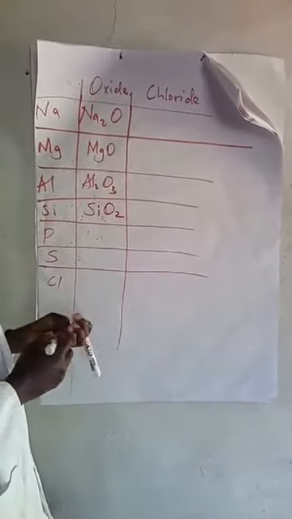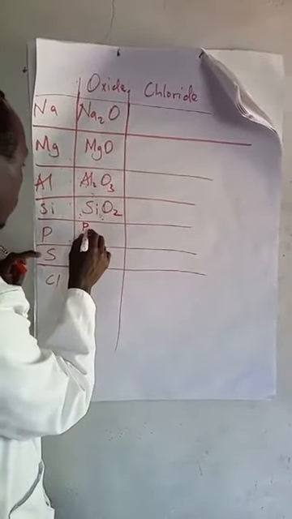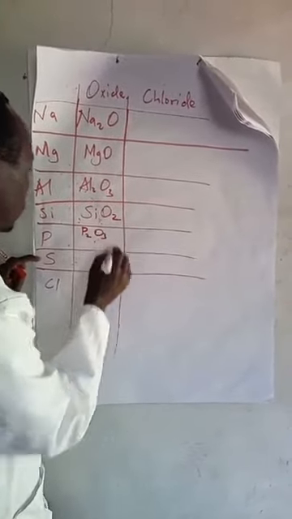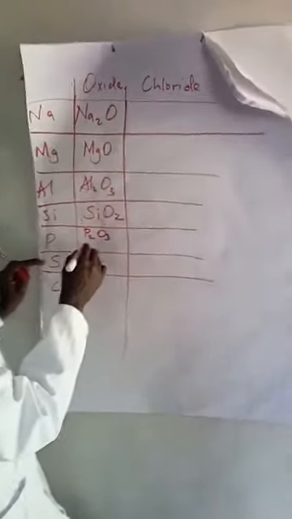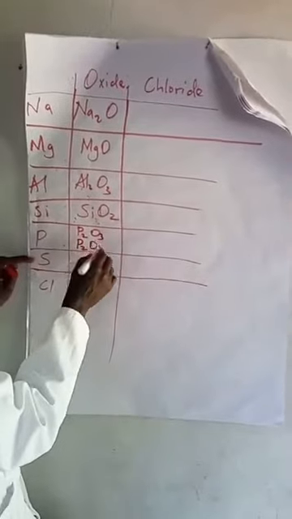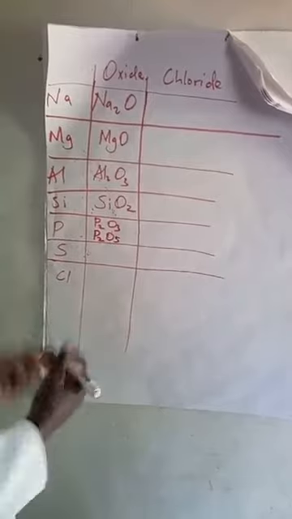For phosphorus, we have two phosphorus oxides. We have P2O3, which is phosphorus trioxide, and then P2O5, which is phosphorus pentoxide, as we did in Form 1.